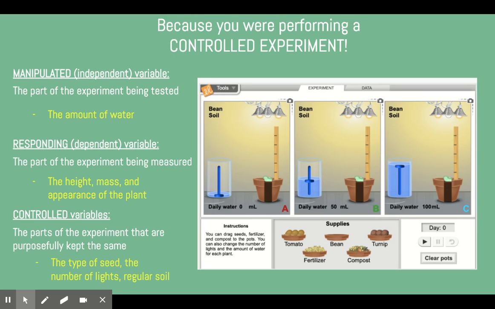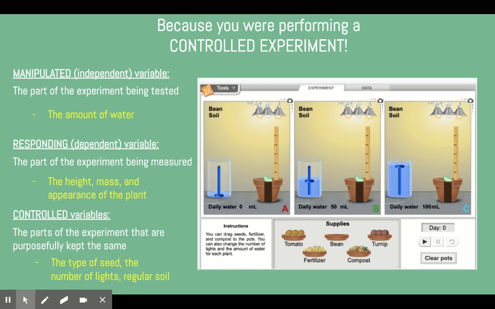Well, in the gizmo, our controlled variables were the type of seed, the number of lights, and we just used regular soil. If you remember, in all of the pots, whether it was pot A, pot B, or pot C, we kept one bean seed, we had 2 lights on, and we had regular soil, no fertilizer or compost. And between all 3 pots, we kept those the same.